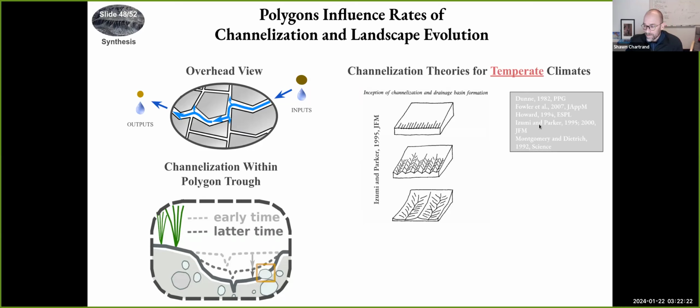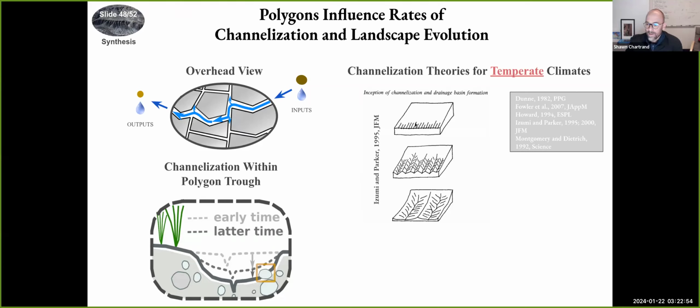There are any number of studies that we can look at; I cite some here that could be important. In general, they point to a similar idea: as landscapes start to channelize and channel networks start to grow, we generally have these nascent channel systems. There are many of them at the start because the landscape hasn't yet organized according to its water budget and sediment budget.